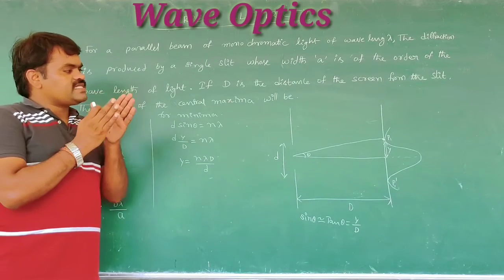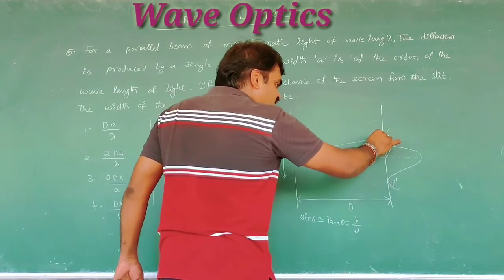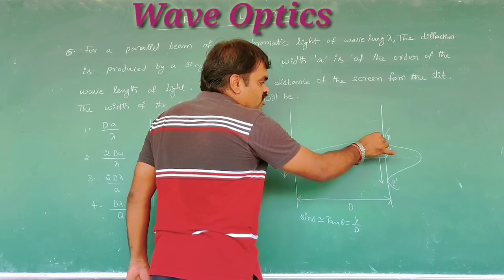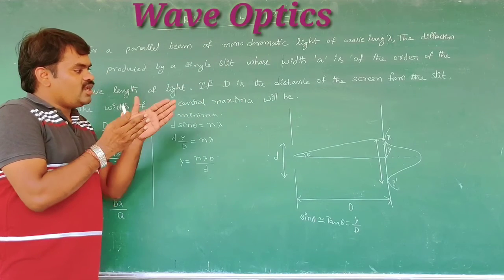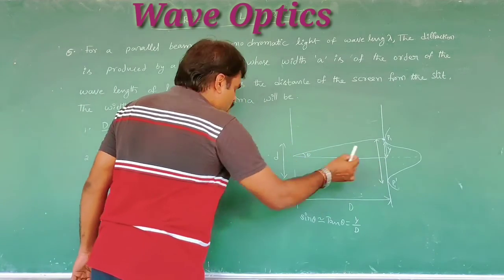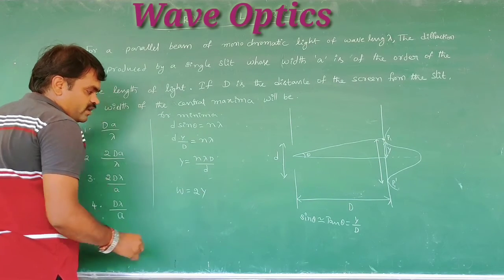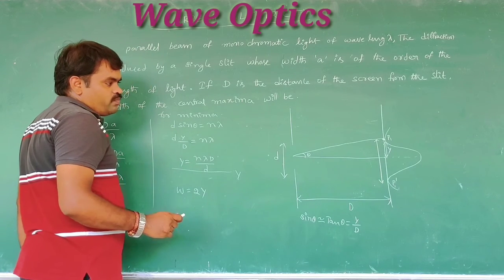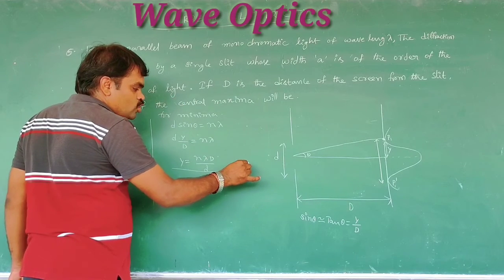What is the width of the central maxima? It is the distance between the first minima on either side of the central maxima. The width of the central maxima W is equal to 2 into y, where y is the distance from the central maxima to the first minima, that is n is equal to 1.